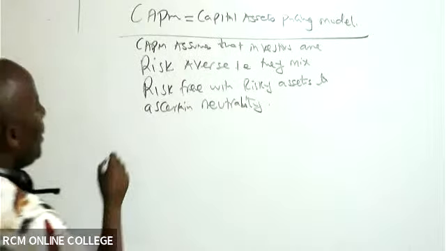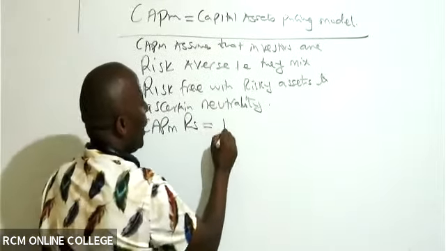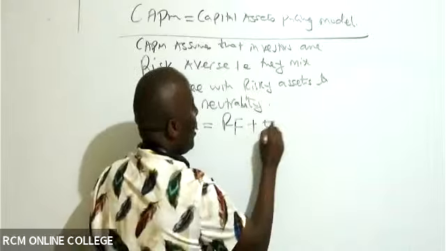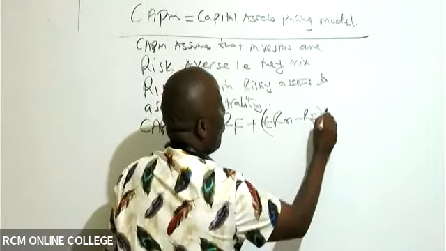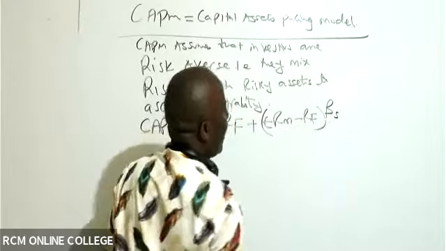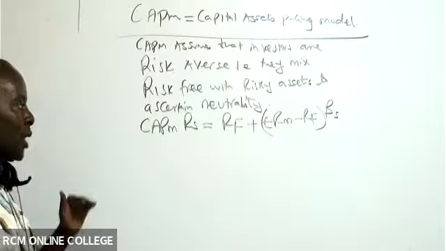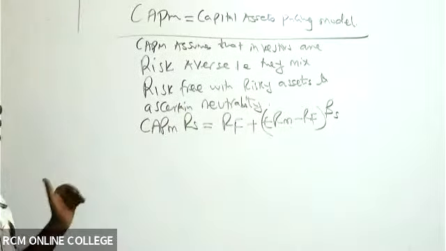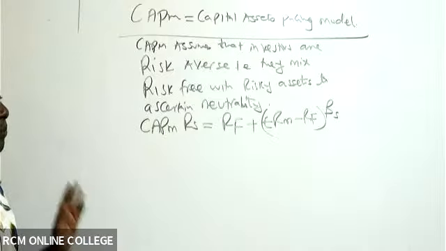And that is why we normally say CAPM returns equals risk-free plus ERM minus risk-free multiplied by BS. We have done this somewhere.